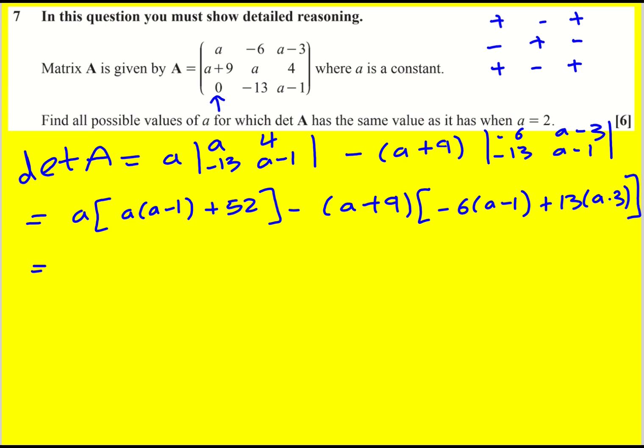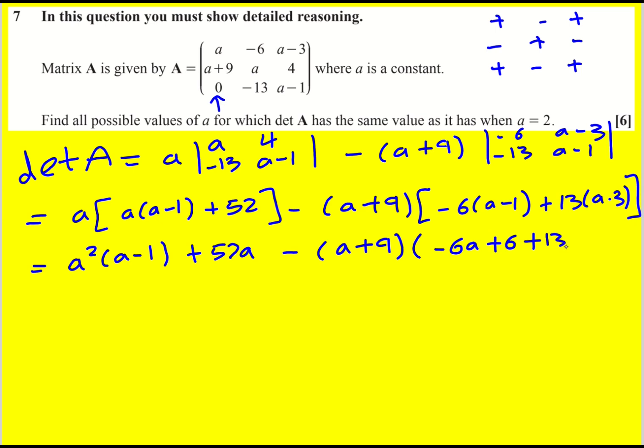I could either expand this inside the bracket and then times it by a, or I could do it all in one go. I think I'm going to do it all in one go. So a squared times (a minus 1), I'll deal with that in a minute, plus 52a minus, I think for this one, I'll deal with inside the bracket first.